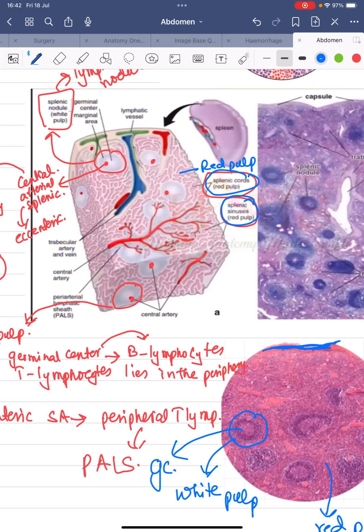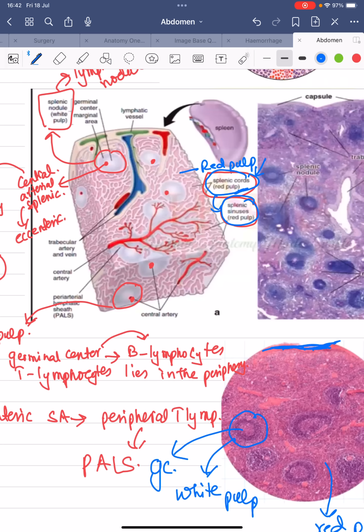RBCs, for example, when they are passing through these structures, that is the splenic cords of the red pulp, or splenic cords of Billroth. The erythrocytes or RBCs must pass through these cords before entering the splenic sinusoids.